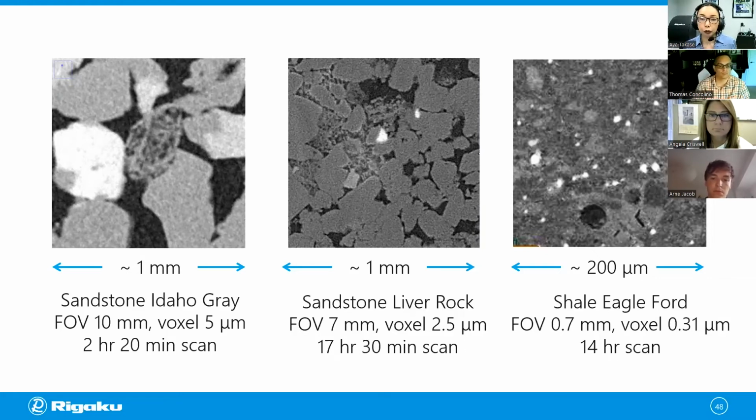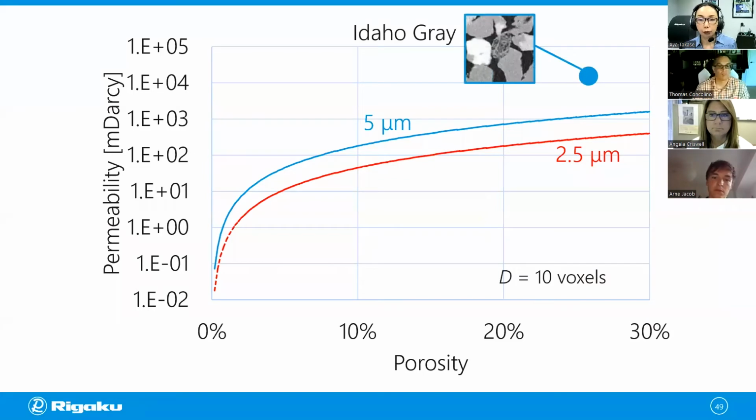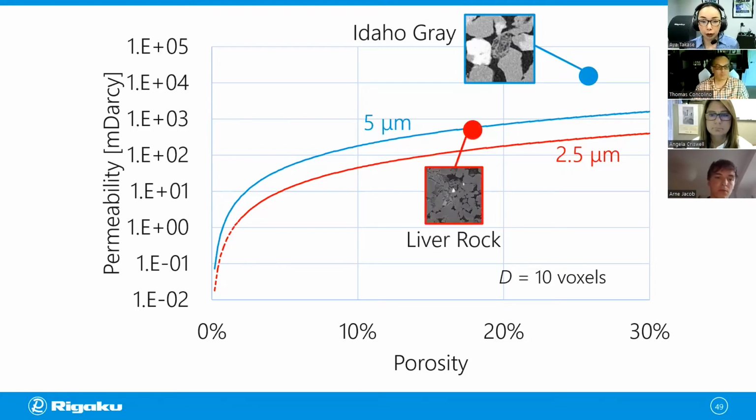But for the first two examples, the sandstone examples, the Idaho gray data sits somewhere around here. So you can tell that 5 micron is good enough. The rock scan sits somewhere around here. So you can tell that 5 micron is a little iffy. You might want to go down to 2.5 micron resolution to be safe.